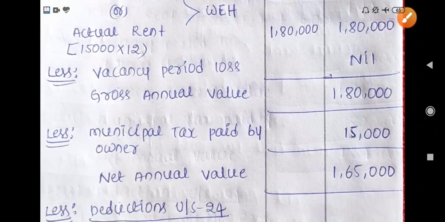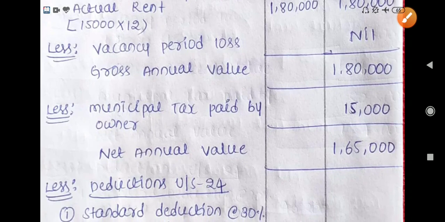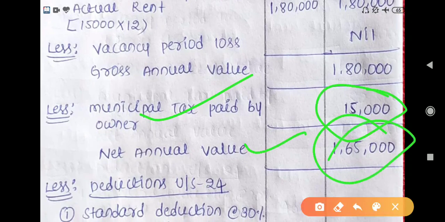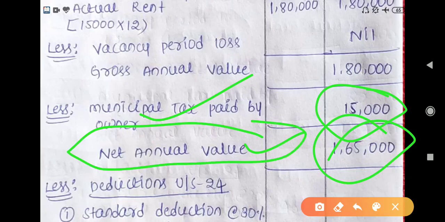From the gross annual value, again you have to deduct the municipal tax paid by the owner. In the question, municipal tax paid by the owner 15,000 is given. Deduct that 15,000 from 1,80,000, you will get the net annual value, that is 1,65,000.